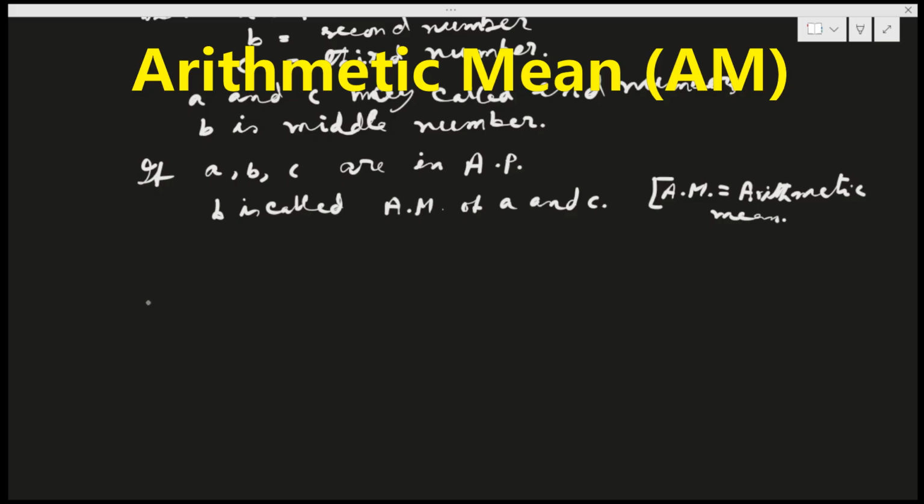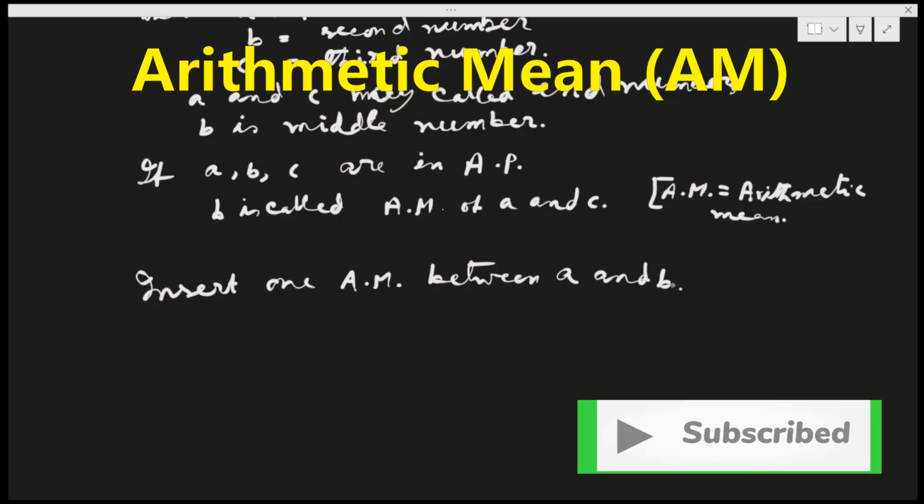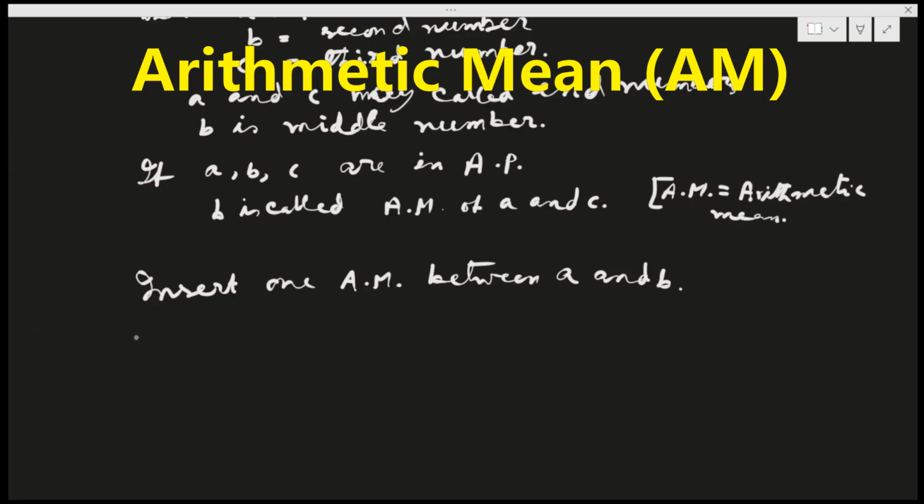Our question is like this: insert one arithmetic mean between A and B. So in that AP there are three terms: A, M, B, where M is called the arithmetic mean.